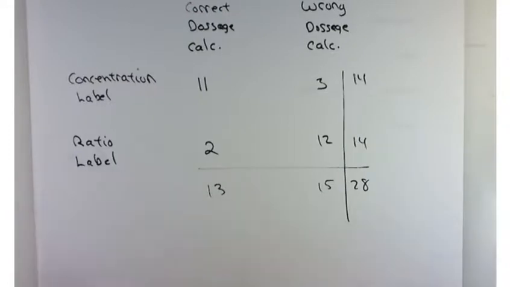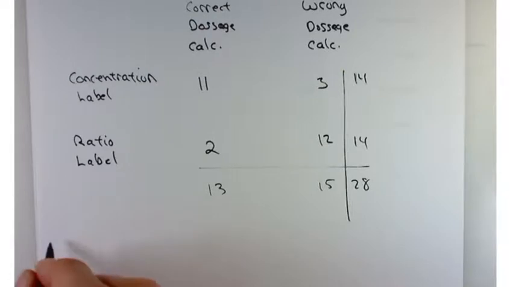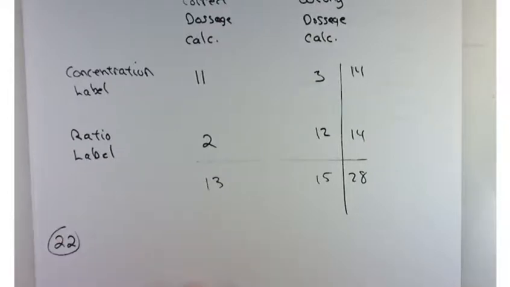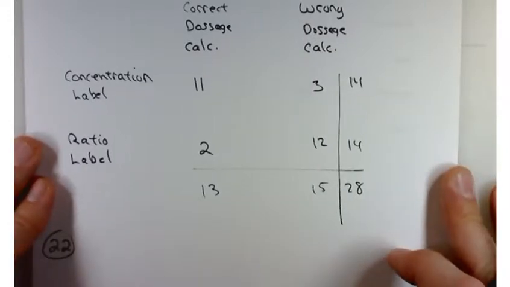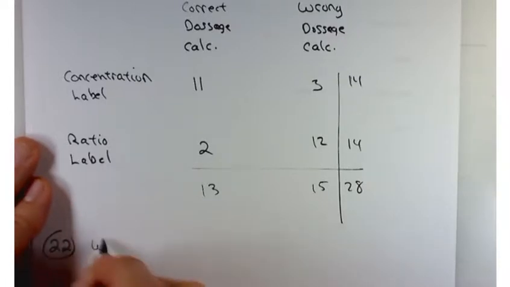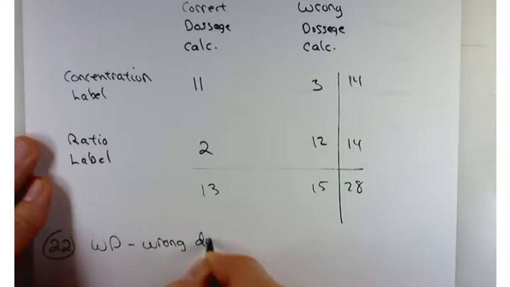Let's answer a few questions based on this data set. Problem number 22 is what we'll start out with. If one of the physicians is randomly selected, what is the probability of getting one who calculated the dose incorrectly? So let's let WD represent the wrong dosage.